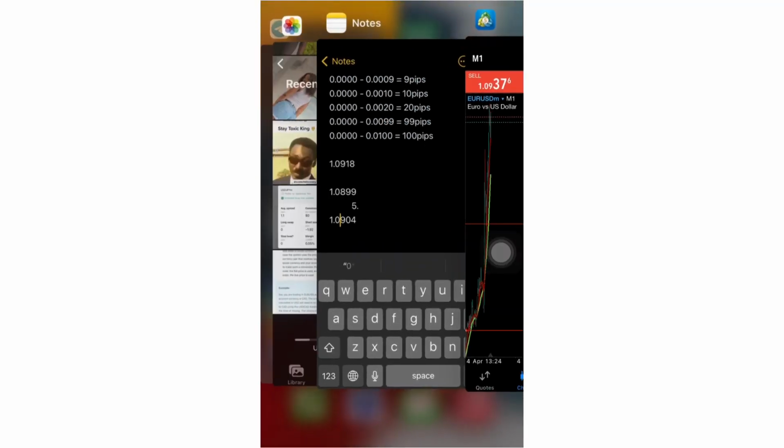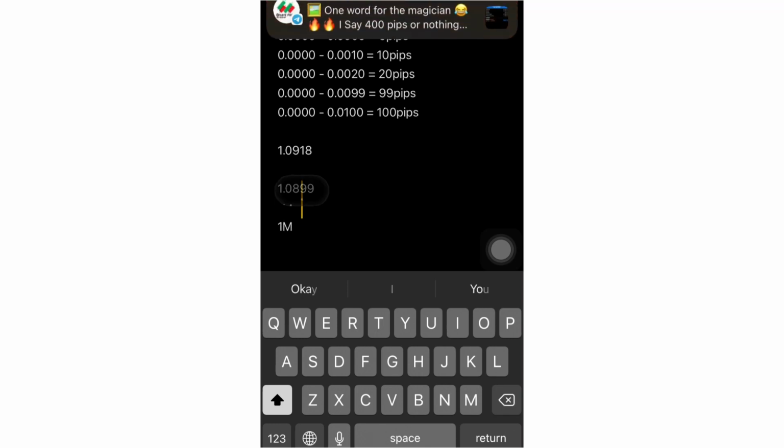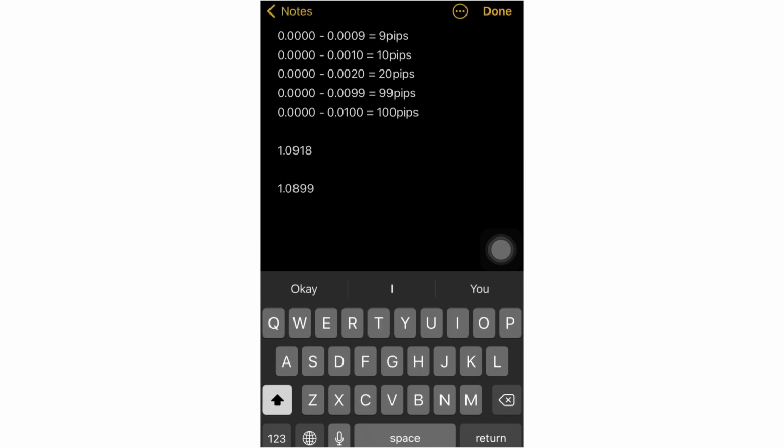So now let's move to another. So we just finished this. So let's go back to what we were doing, to know the pip movement, right? Now it's easy.